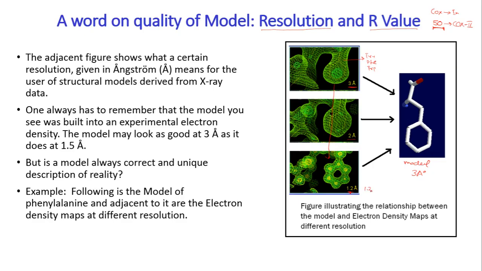At 1.2 Angstrom resolution, it becomes very clear that it is phenylalanine that can fit over here. If it had been tyrosine, then you might get something like this that would correspond to the side chain oxygen. So the higher the resolution, the better the model.